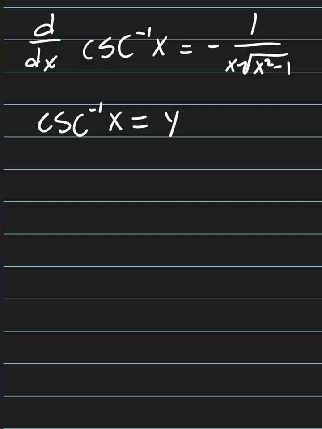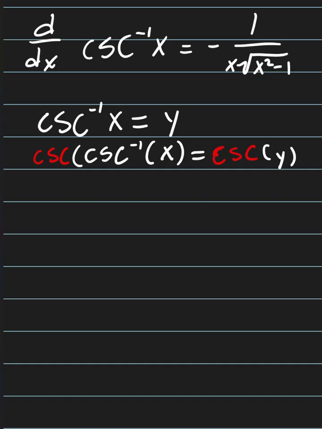We'll set it equal to y. Now we'll multiply both sides by regular cosecant: cosecant of arccosecant x is equal to cosecant of y.